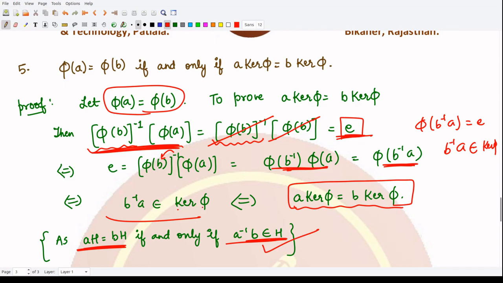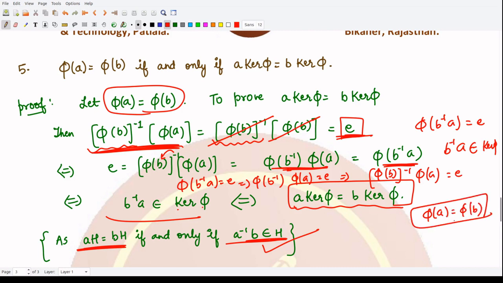If b inverse a belongs to kernel phi, it means that phi of b inverse a is equal to identity. So you can write phi of b inverse a as phi of b inverse into phi of a, that is equal to identity. So you can write it like this: phi of b whole inverse into phi of a is equal to identity, correct? So you can pre-multiply both sides with phi of b to obtain phi of a is equal to phi of b, and this is what you wanted to prove in the converse part.